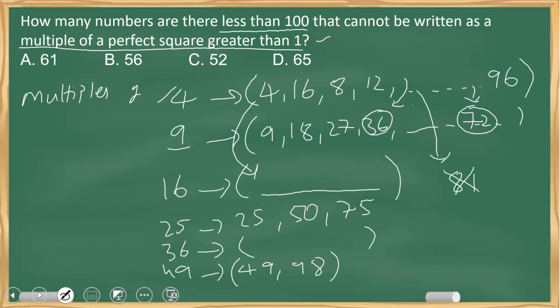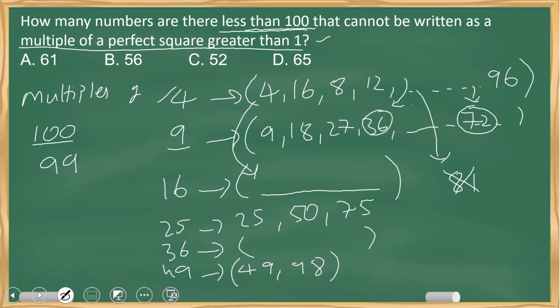Now if you add all these things, how many will you get here? So that is the point. So 4 multiples, how many will be there? There will be 24, isn't it? And in 9 how many will be there? So you need to count all those things. So less than 100 means till 99.